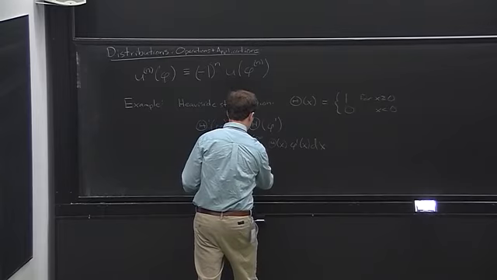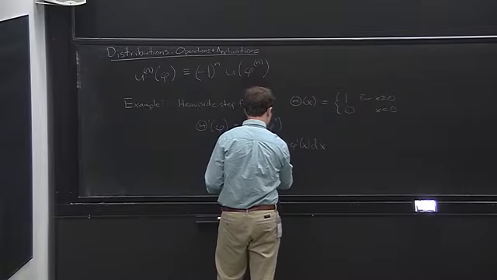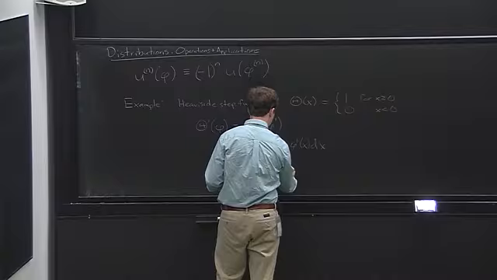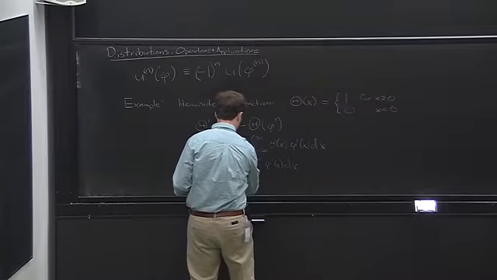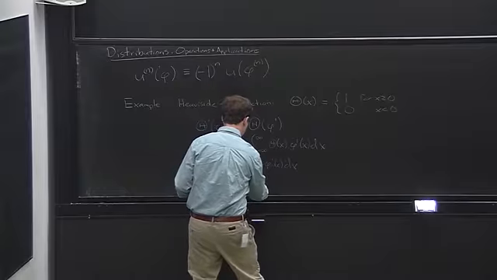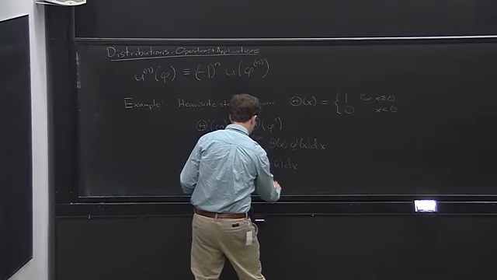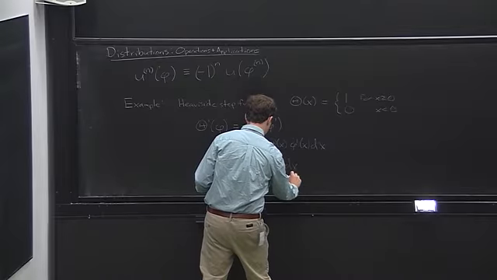Which you can simplify. This is just 1 for x greater than 0, so you get minus the integral from 0 to infinity of phi prime of x dx. Or this is an integral we can do. It just gives us minus phi of infinity minus phi of 0.